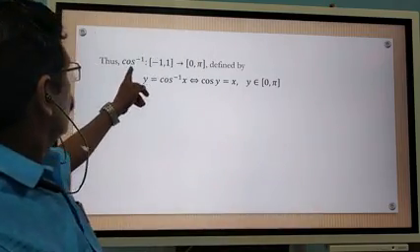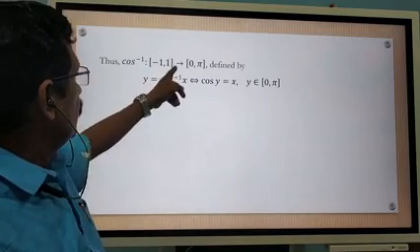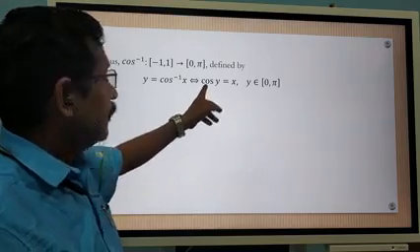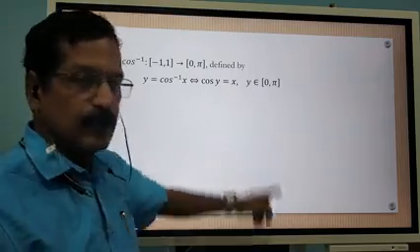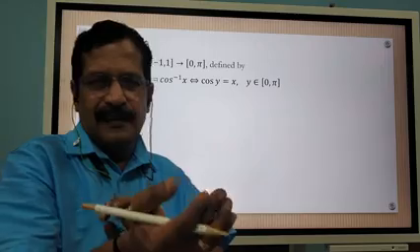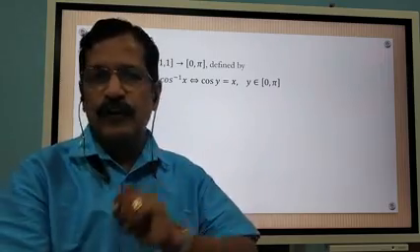Thus, cos inverse from minus 1 to 1 to 0 to pi is defined by y equals cos inverse of x, which implies and is implied by cos y equals x, where y is an element of 0 to pi. This is just the procedure of writing the inverse.